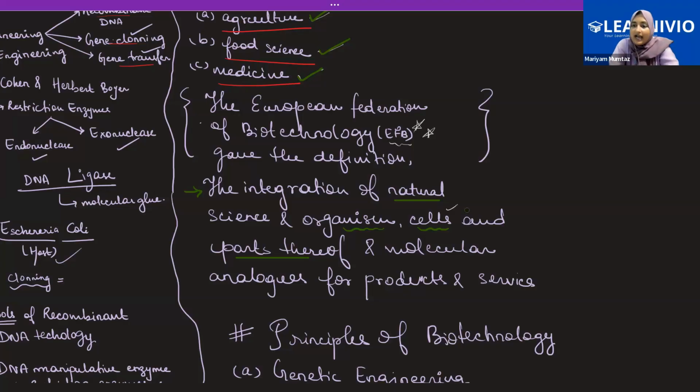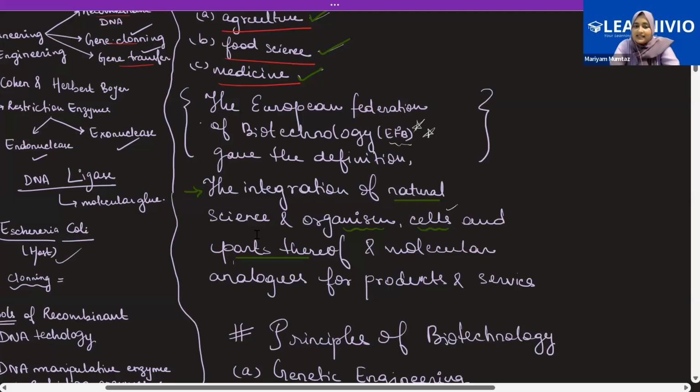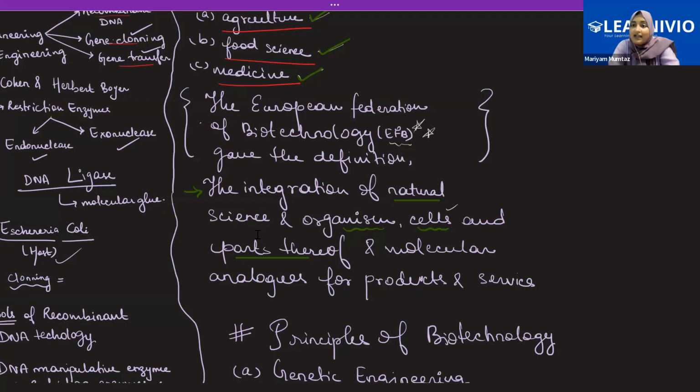All of that can be properly done because of the genome sequence that we know of. So this is what they say, that alteration of the gene, alteration of the DNA, is done in order to make products that are worthwhile.